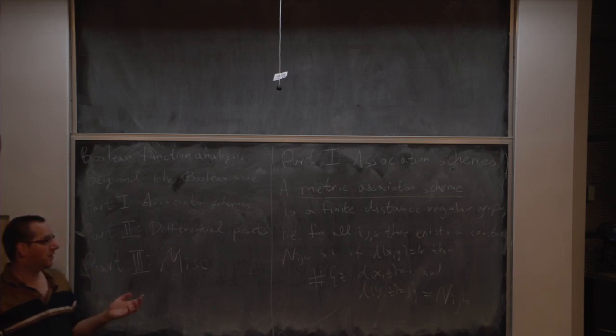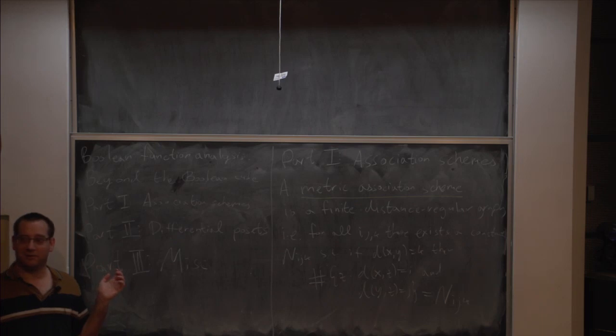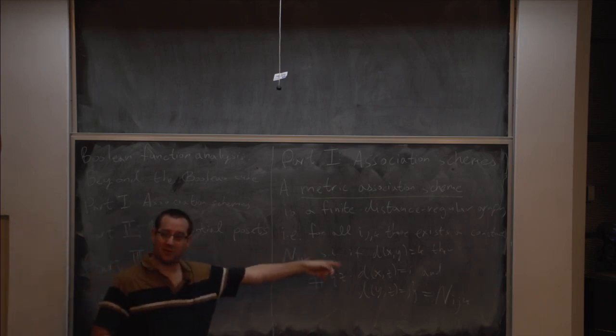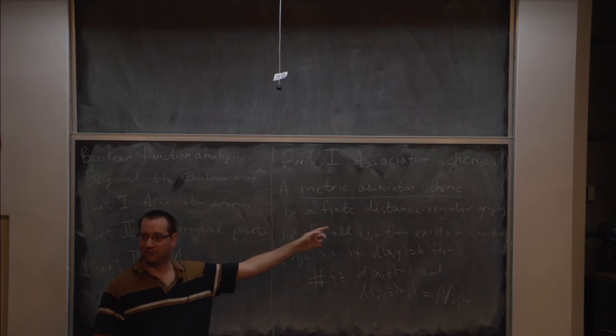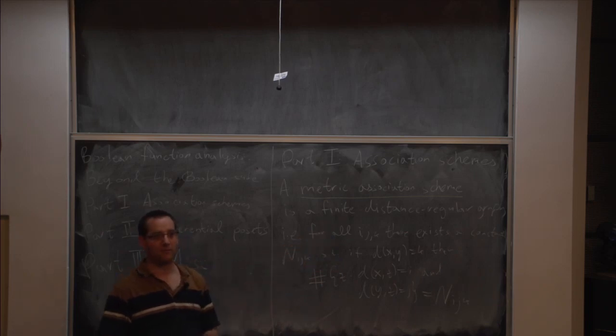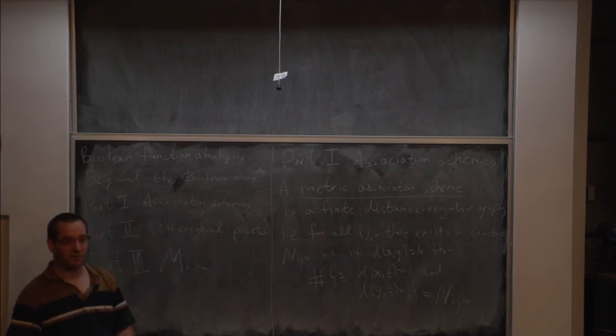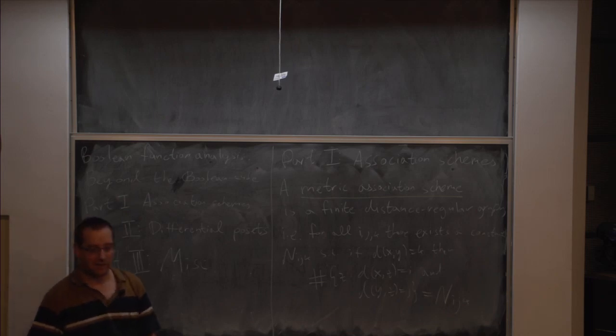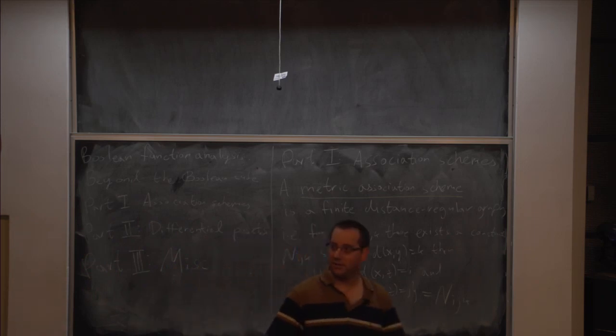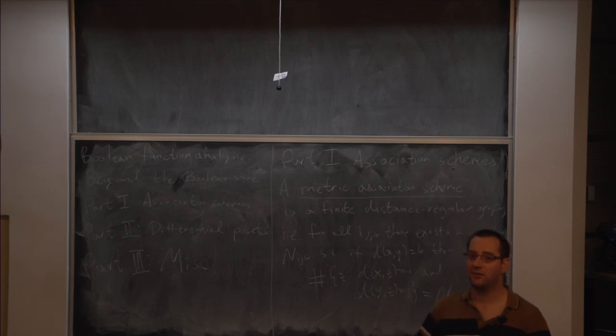There's also a definition where this distance function doesn't come from a graph, but we do have this property. So this is the more general definition, and it captures associativity in some sense. We'll see it in a minute when we get to the Bose-Messner algebra of the scheme. But the association schemes I'm going to mention are from a list made up by Delsarte in the context of coding theory.